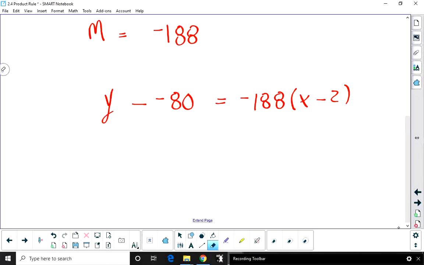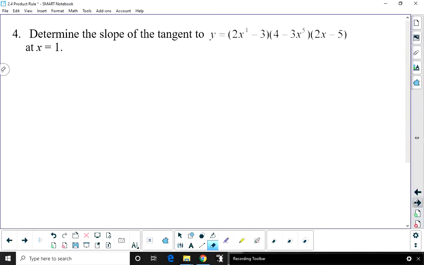It would be 188x plus y minus 1294 or something. Okay? You'd multiply it out and move everything to the other side. Won't worry about whether that's right or not.